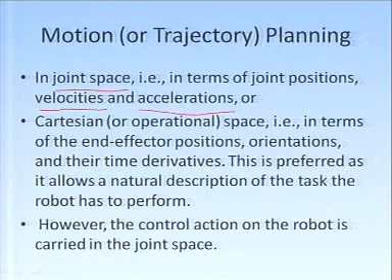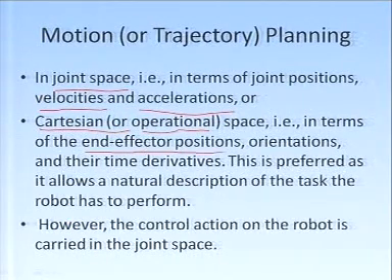Suppose you have provided the motion as end effector motion x, y, z, then we call it Cartesian space or operational space, because after all the robot is working in this Cartesian space by moving an object from an xyz location to another xyz location. So, in these variables, which we call operational space, we define end effector positions, we define end effector orientations and their time derivatives, because they are required for my dynamic calculation.